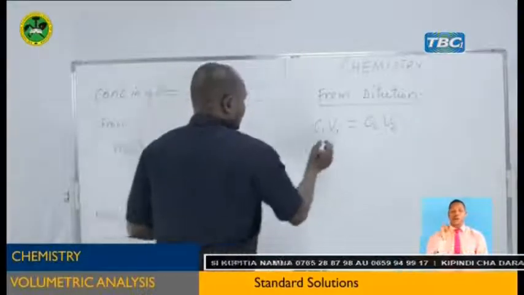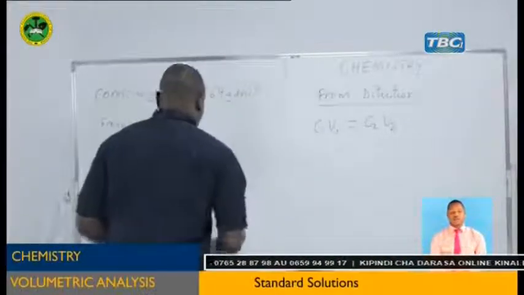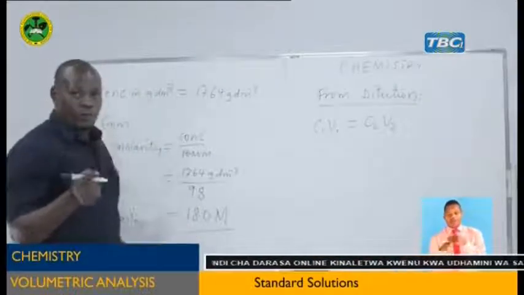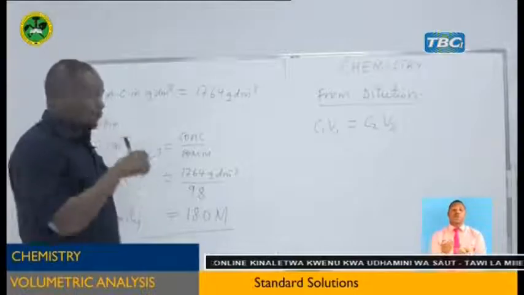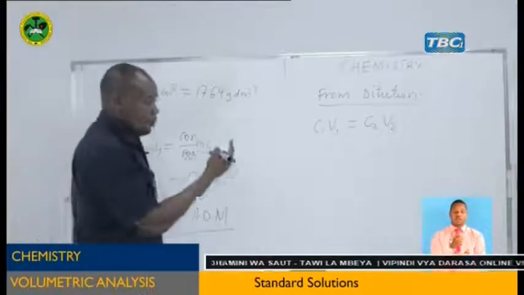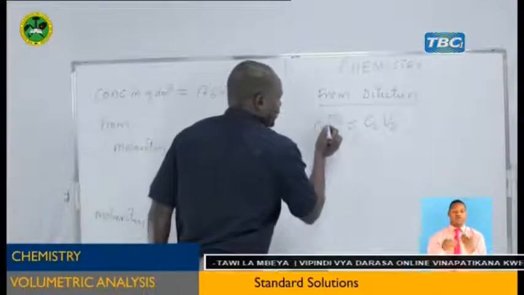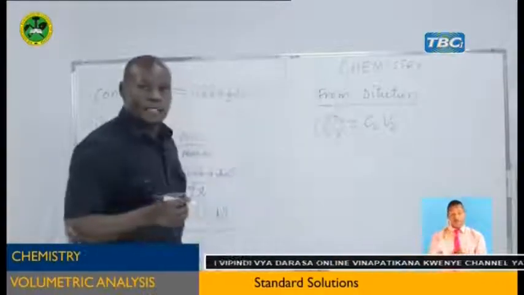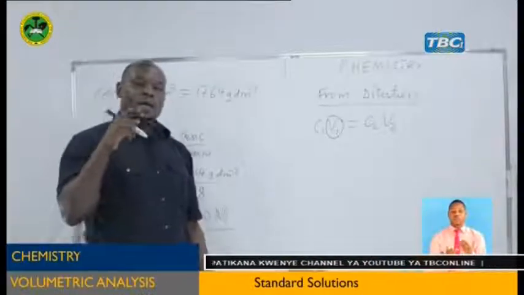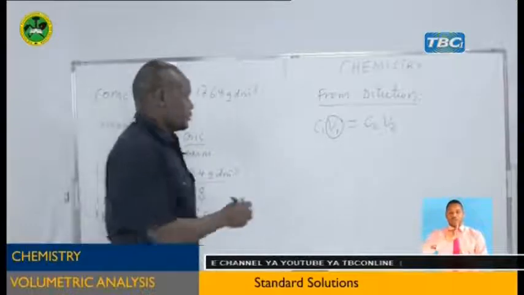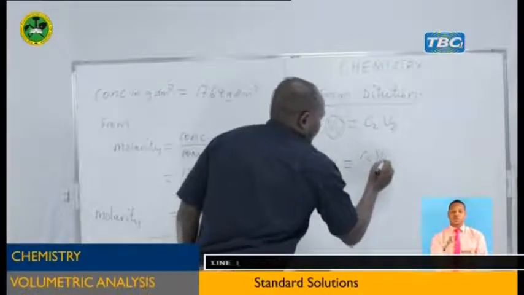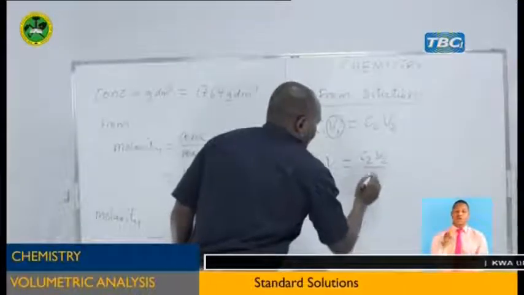Now here, we are looking for how much volume you are supposed to measure from that stock bottle. It means you are looking for the volume of the concentrated acid that should be measured and diluted into a liter of solution. So V1 will be equal to C2 V2 over C1.